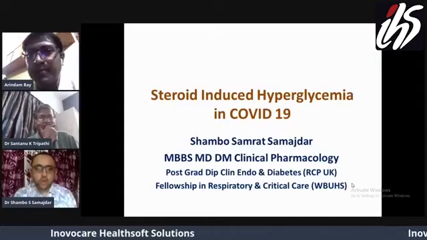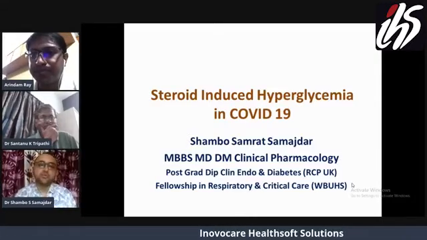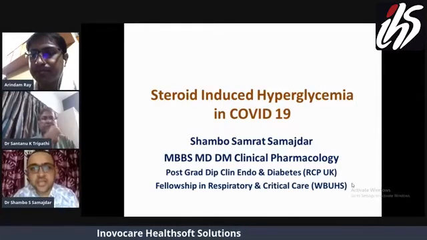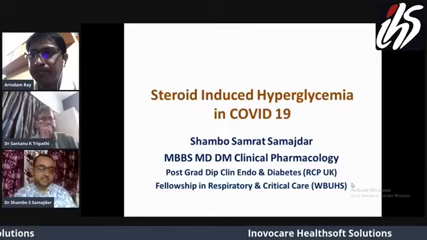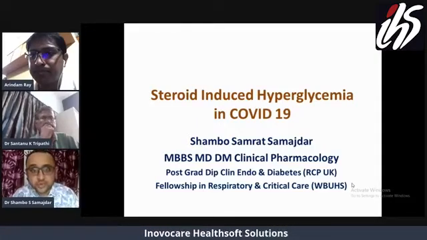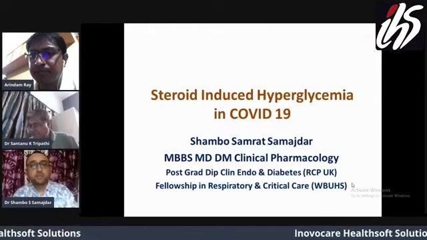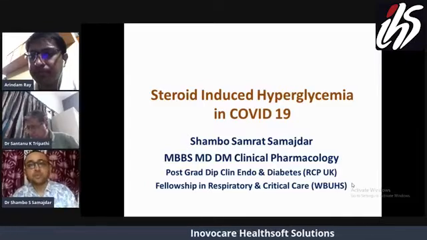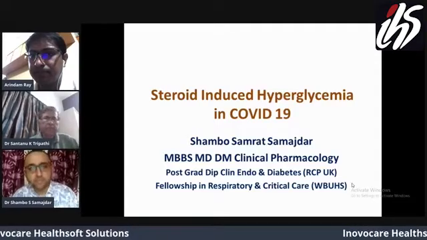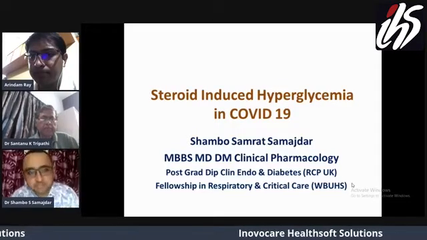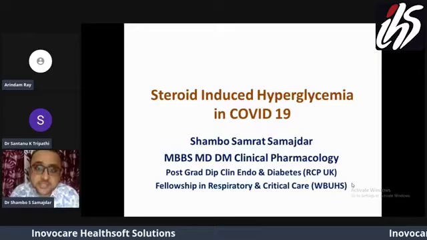And we are going to discuss steroid induced hyperglycemia in COVID-19. So here the word DM, that means diabetes mellitus, is missing. We are talking about hyperglycemia, but we are all now facing one devastating epidemic that is known as mucormycosis. So to control that DM, that means devastating mucormycosis, we need to give emphasis on how to control another DM, that is diabetes mellitus.